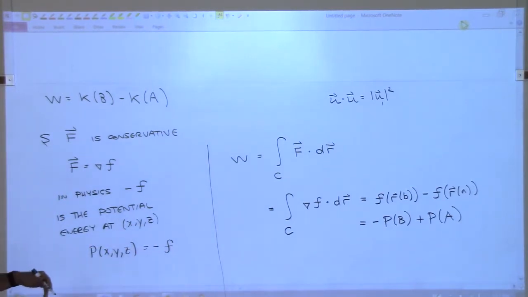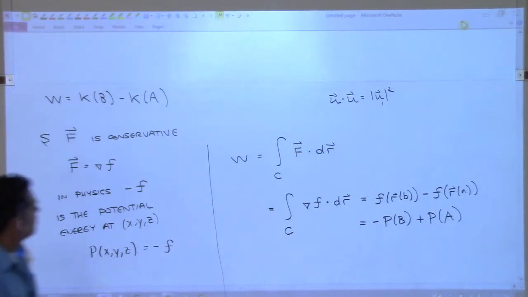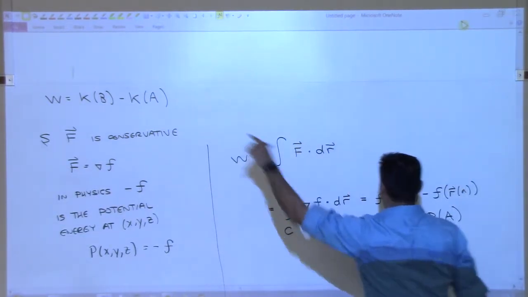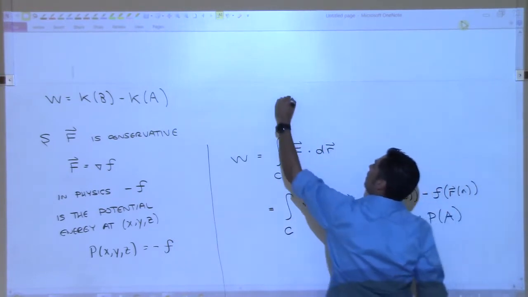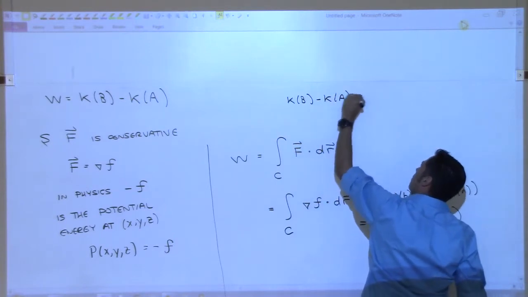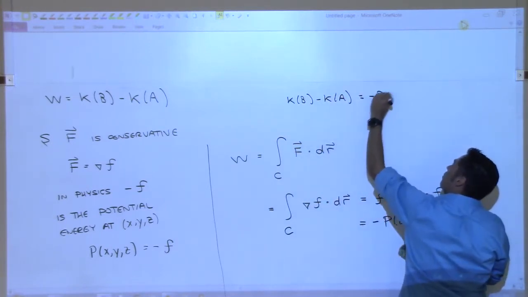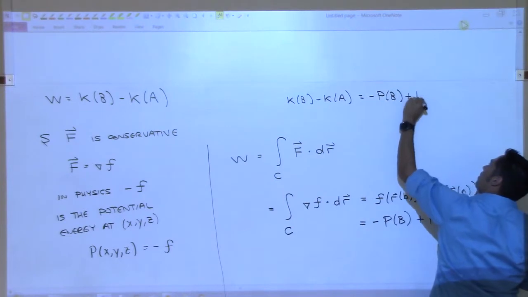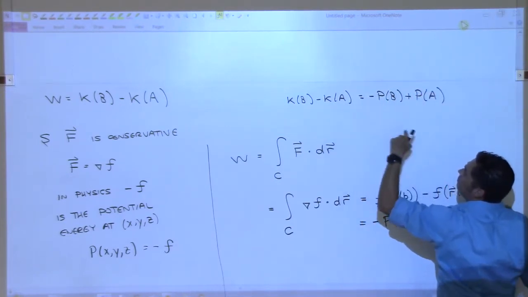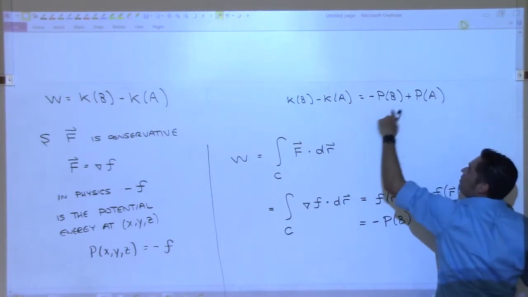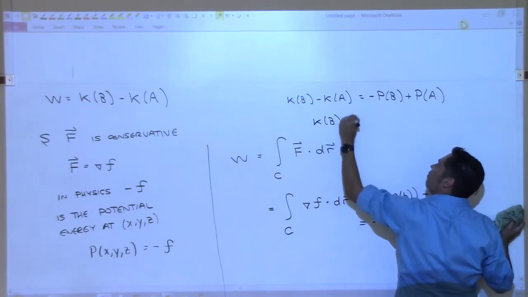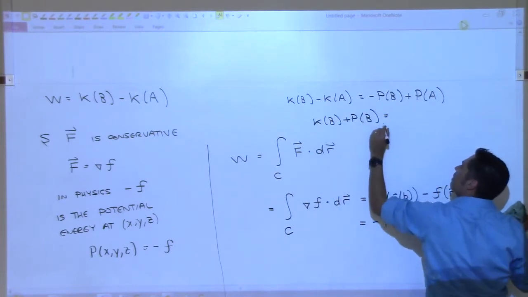So if we set these equal to one another, what do we get? If I set that work equal to this work, I get kinetic energy at B minus kinetic energy at A should be equal to negative potential energy at B plus potential energy at A. And if I move the potential over there, and this kinetic over here, I get what I started with, right?